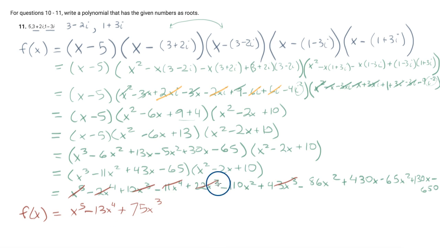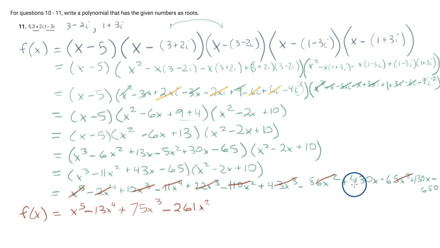And for our x squareds here, we've got some bigger numbers. So you can use a calculator if you would like to keep yourself organized here. I'm going to have a negative 110x squared minus 86x squared minus 65x squared. And I'm going to get negative 261x squared. So let's cross them out.